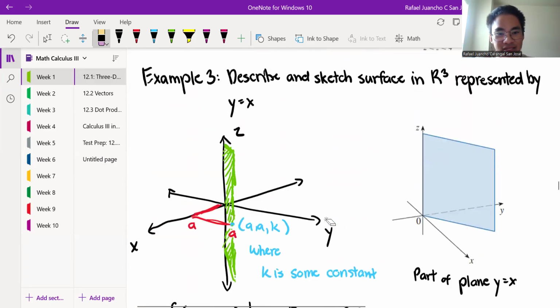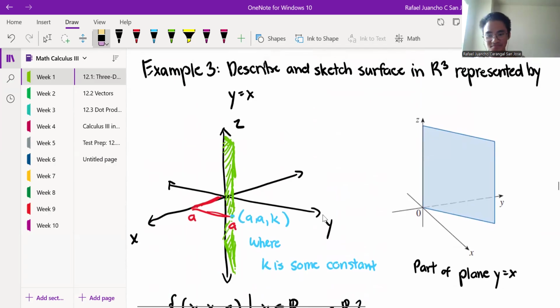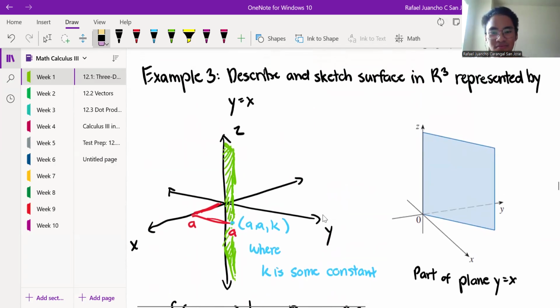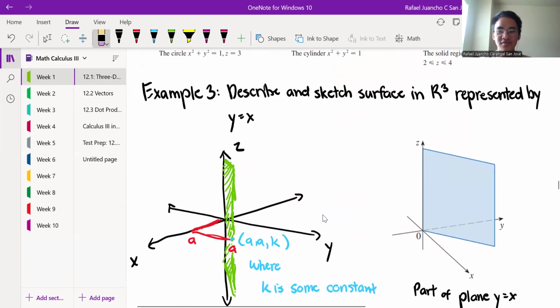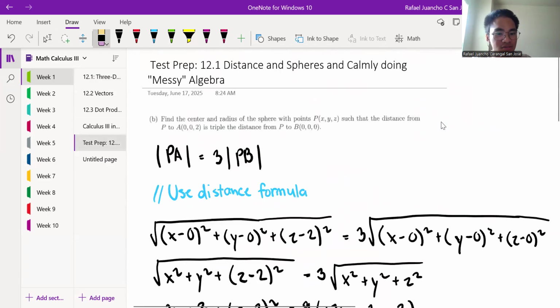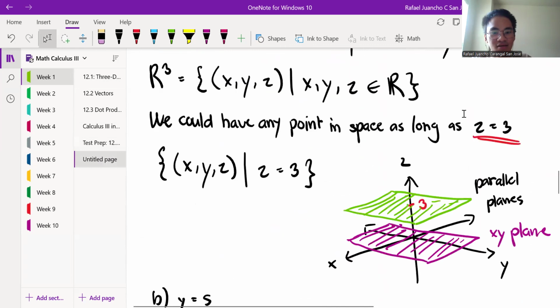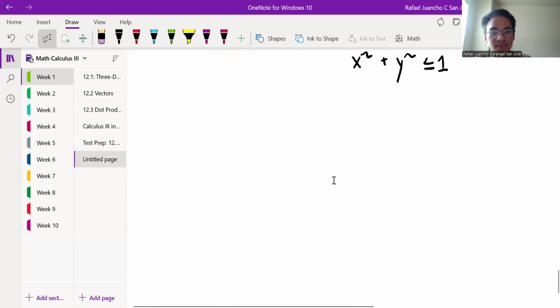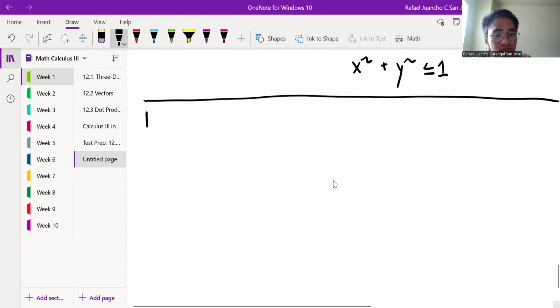And now we look at example 3. Example 3 is just saying to describe and sketch the surface in R cube represented by y equals x. So what do we know from a previous course? Let's just write the example.